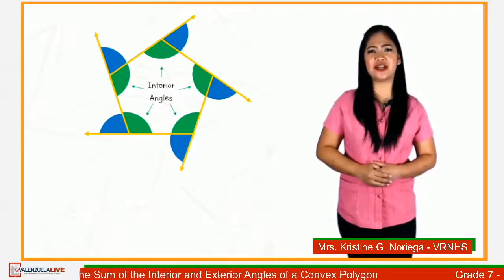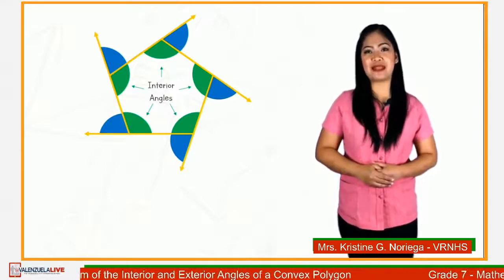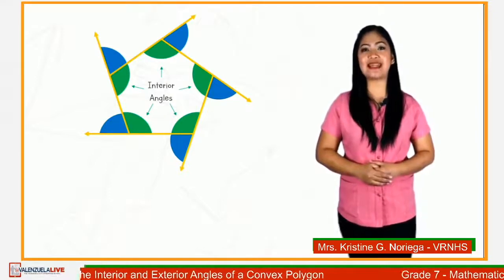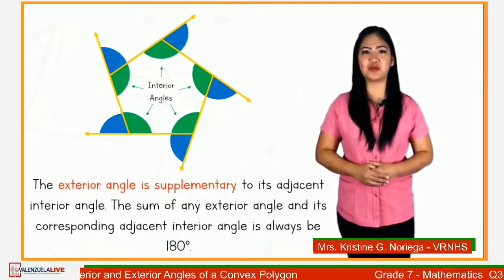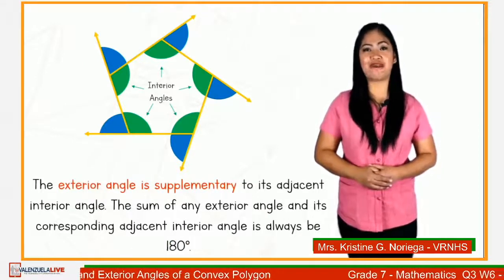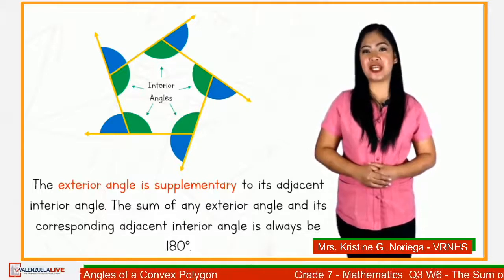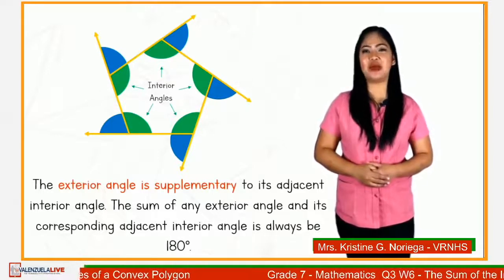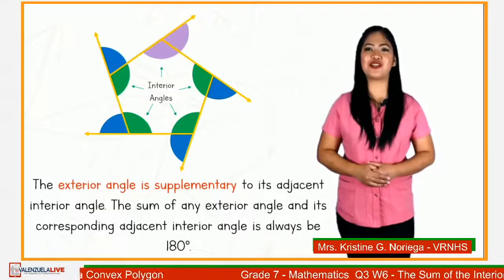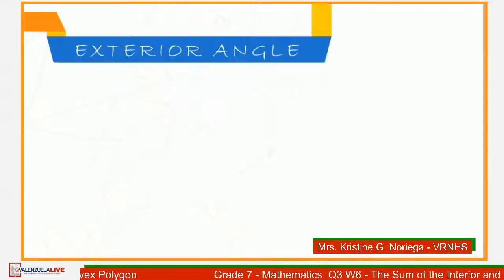And each exterior angle is supplementary to its adjacent interior angle, which means that the sum of any exterior angle and its corresponding adjacent interior angle will always be 180 degrees.